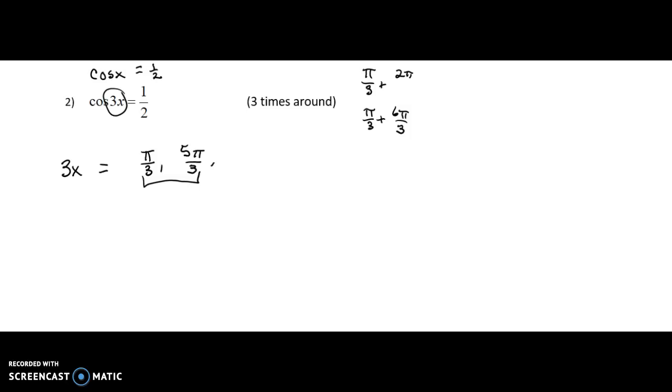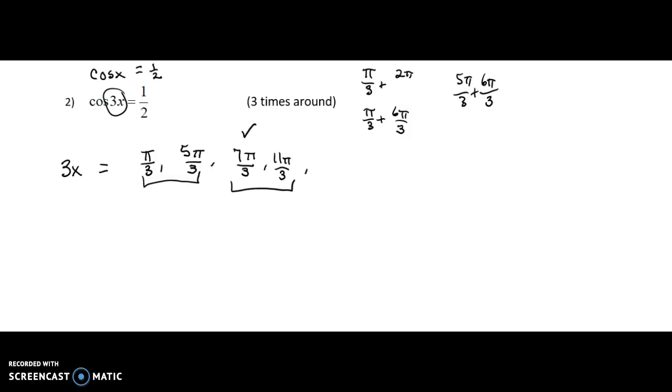So we would get 7 pi over 3. And 5 pi over 3 plus 6 pi over 3 gives us 11 pi over 3. That's the second time around the circle.